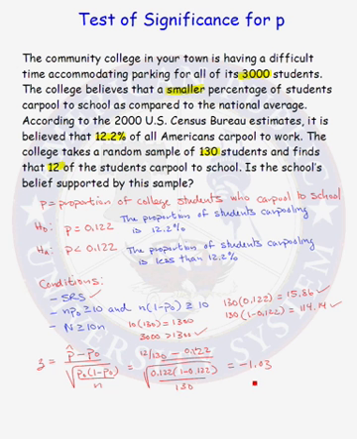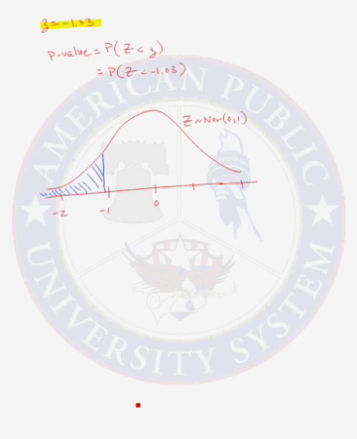We now need to calculate our p-value. So our z-test statistic is negative 1.03, which means our p-value will equal the probability that a standard normal random variable is less than our test statistic. The probability that a standard normal is less than negative 1.03.